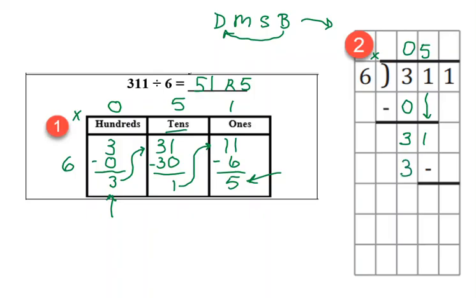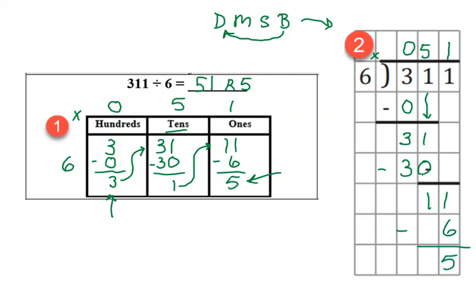We subtract 31 minus 30 equals 1. The next thing we're going to do is bring down this 1 right here. 6 goes into 11 one time. 1 times 6 is 6. Subtract and we get a 5.